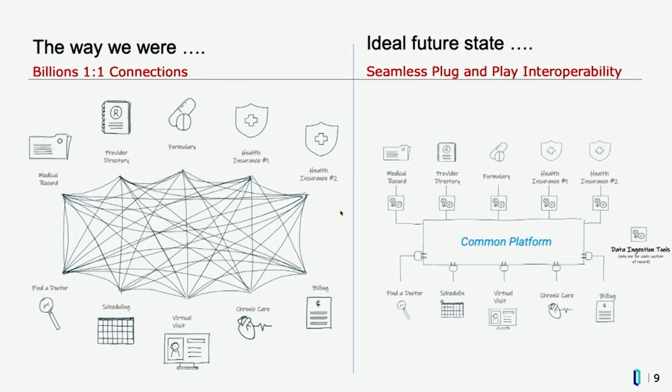So there is this vision of an ecosystem that has a common platform for exchanging data using FHIR. And FHIR is very much an interoperability standard. Some people at first think, well, why can't I just use that to store my data?